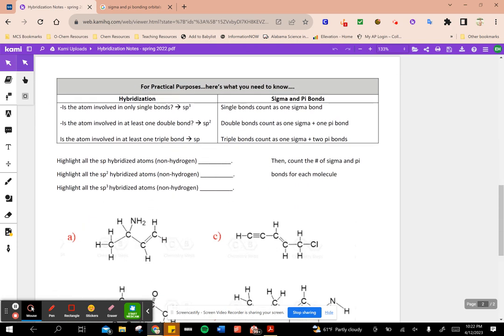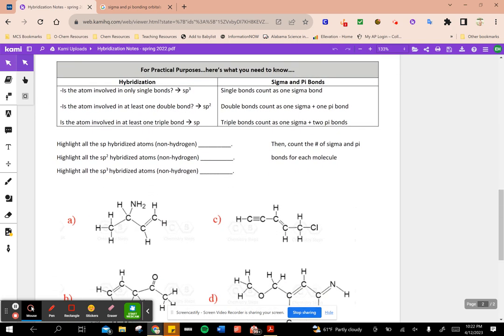Then, on the back page is where I'm really going to get down to the practical. Even if some of the conceptual went over your head, what do you actually need to be able to do with this for the purposes of our class, and oftentimes for the purposes of an organic class in college?